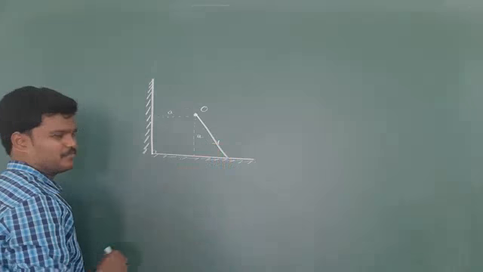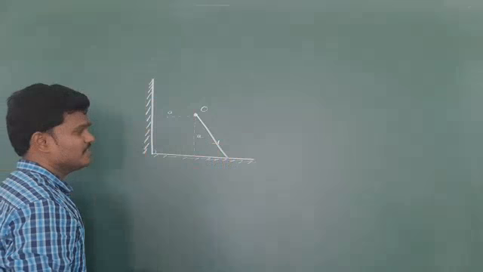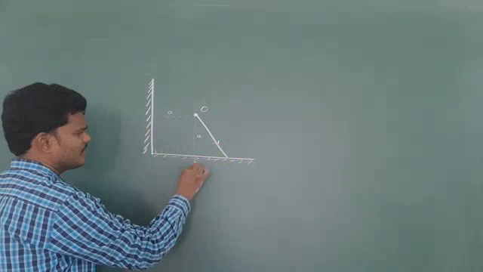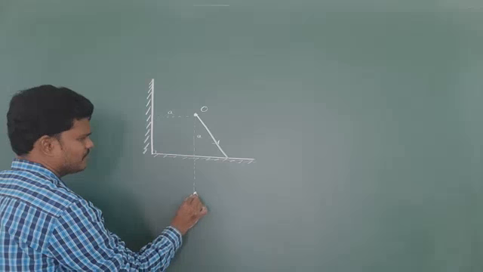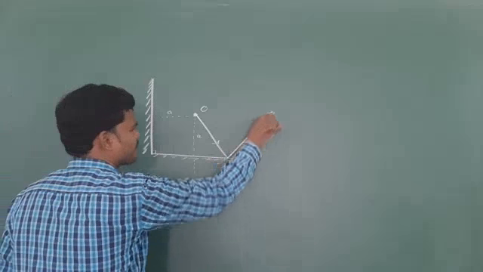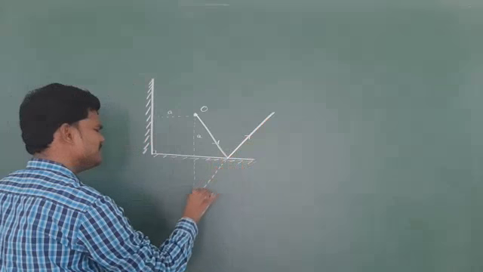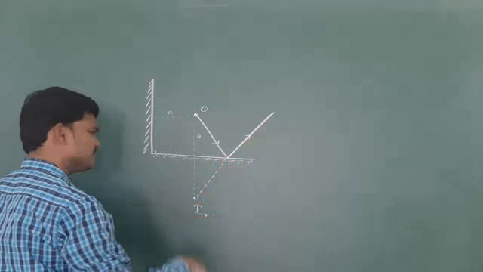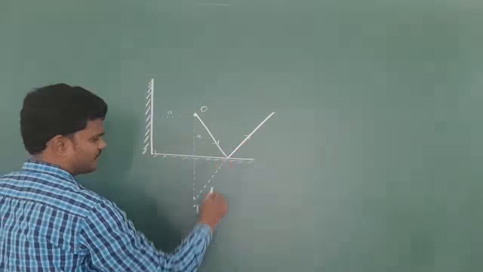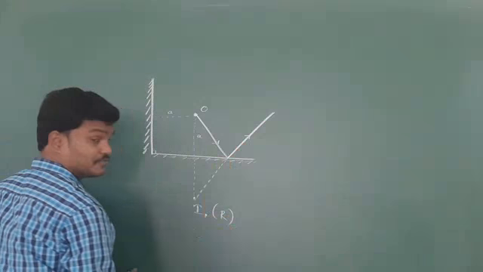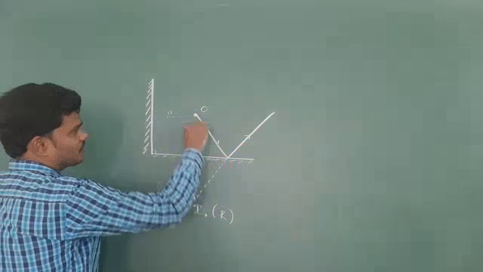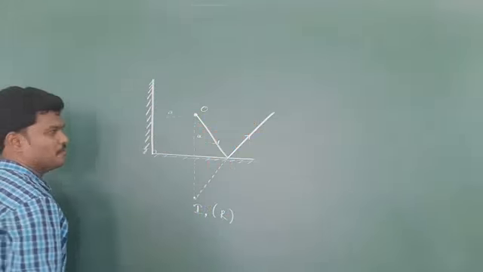Of course it will emit light rays in all directions. One of the light rays strikes the mirror and forms an image. Here if I extend and see, this is the image, let us say I1. Due to one reflection, this is R for reflection. So after one reflection, one image is formed.